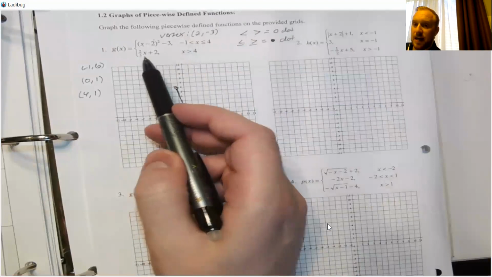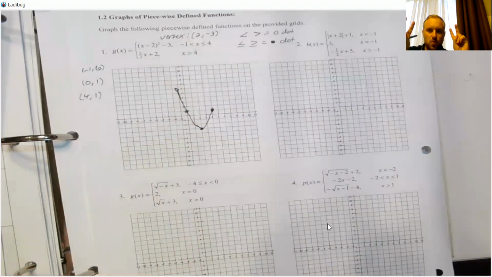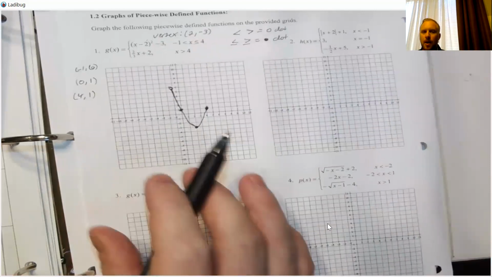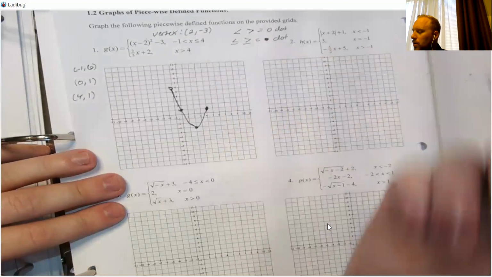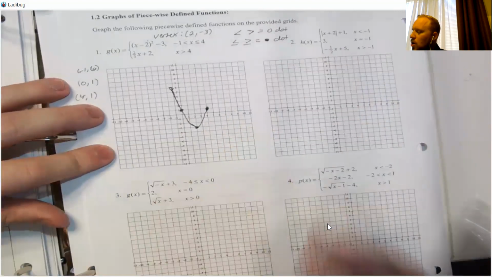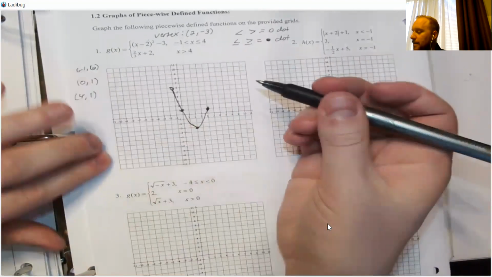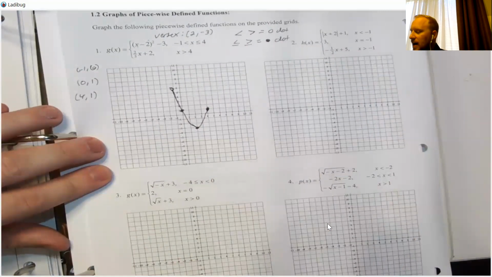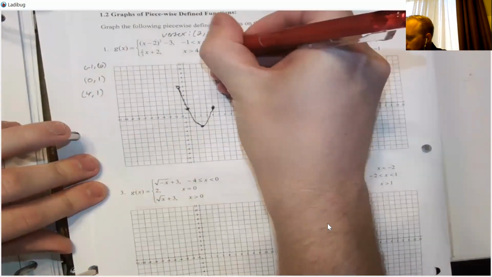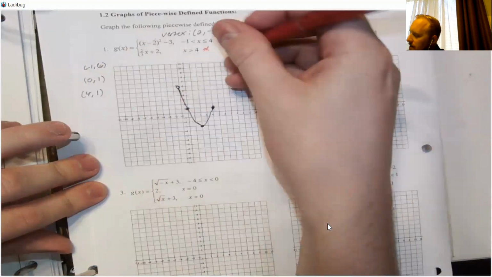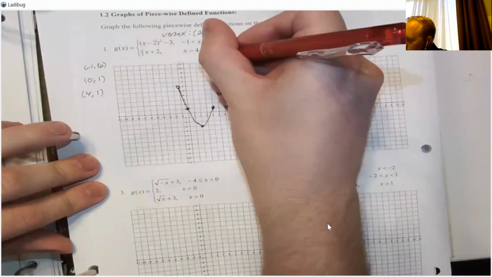Now the next piece, this is a piecewise function, next piece is a linear function. But our line is only starting where x is greater than 4. Okay? So I'm going to pick values that are greater than 4, starting at 4. I'm going to do this one in red. So I'm going to pick values starting at 4.